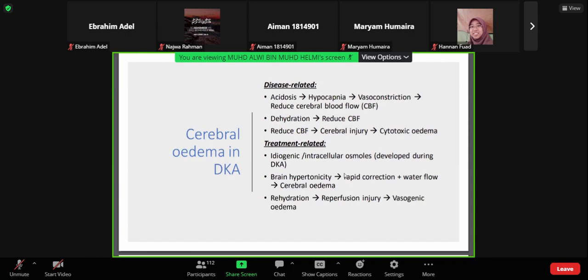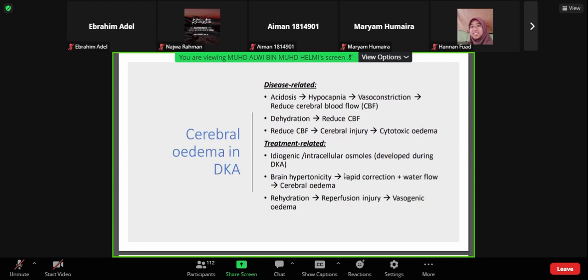Also, when glucose enters the tissue via the glucose sodium pump, it will reduce your sodium as well. So this contributes to further reduction in osmolality, with idiogenic intracellular osmoles. Brain hypertonicity due to rapid correction and water flow leads to cerebral edema. Rehydration hyperperfusion injury leads to vasogenic edema. So in cerebral edema, there are a lot of types.